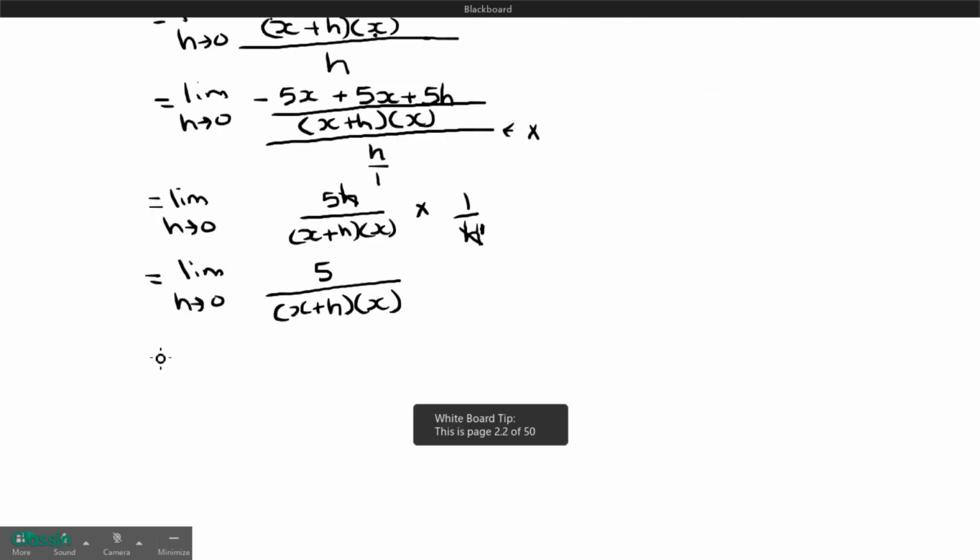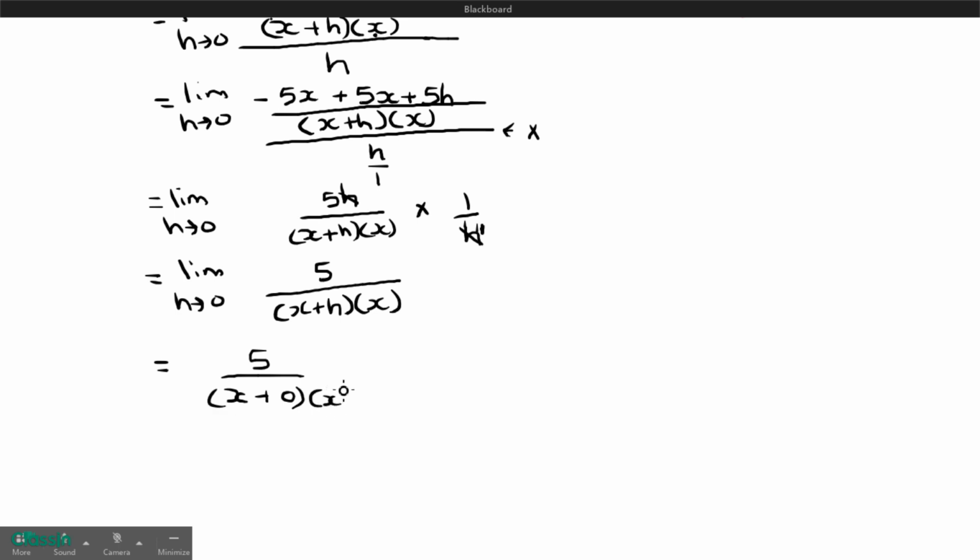Now, from there, we can leave the limit as h approaches 0. It means that where we see h, we are now going to put 0. So our 5 will be over x plus 0 into x. Then what is x plus 0?